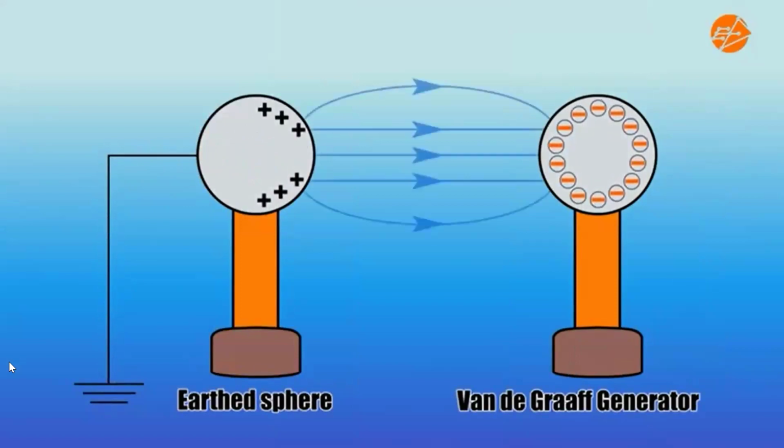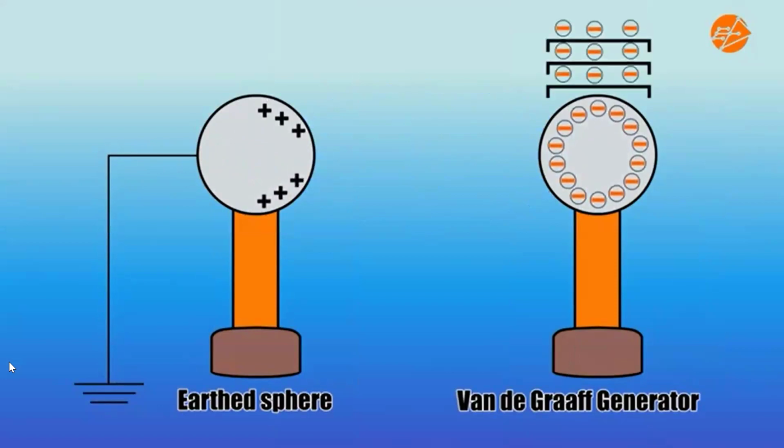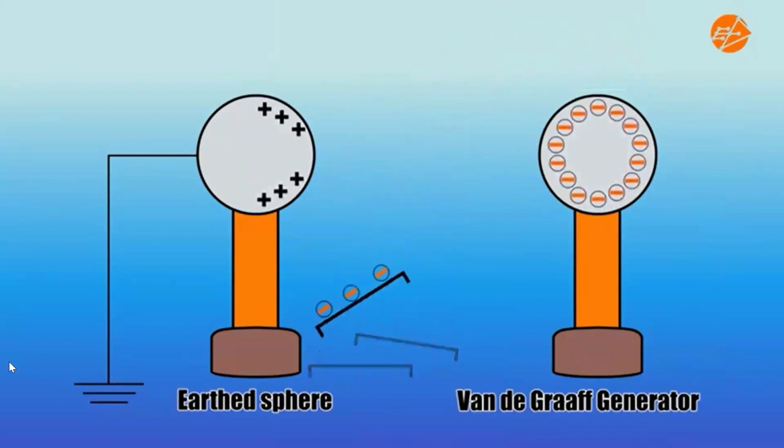This creates an electric field between the charged dome and the Earth's sphere. At the same time, the plates gain negative charges through their contact with the dome. The electrostatic forces of repulsion between the pie plates and the dome explain why the pie plates fly off towards the positively charged side of the Earth's sphere.